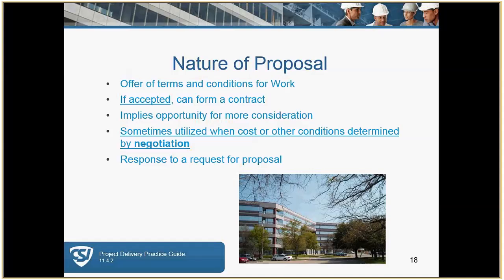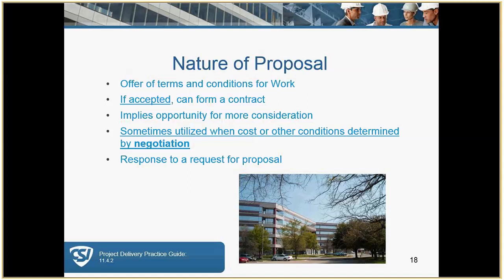Now, the nature of a proposal, it's similar to the bid, but it's often part of a negotiation process, and it may or may not be incorporated into the contract. It may be requested in the form of a request for proposal, and may be requesting a pre-qualified trade contractor or a subcontractor by the GC.